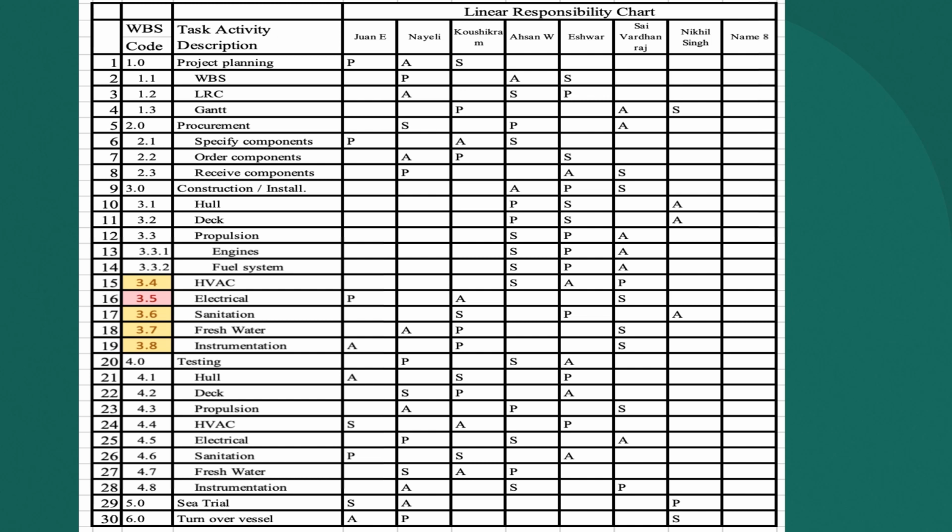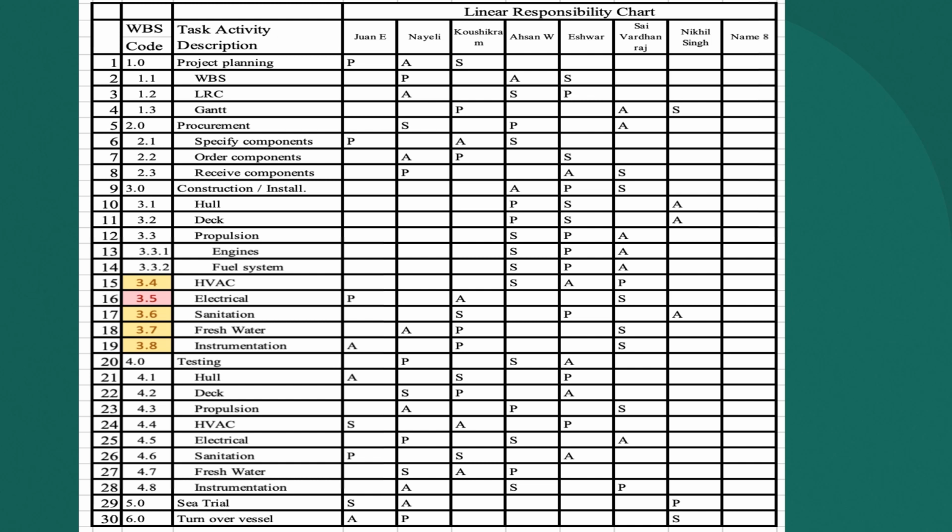Order components, primary responsibility is Kaushik Ram, secondary is Ishwar, and approval is given by Naili. Receive components, primary responsibility is Naili, secondary is Sai Vardhan Raj, and approval is given by Ishwar.